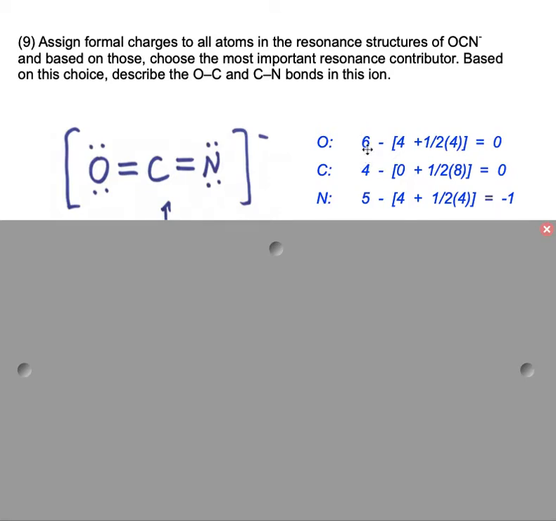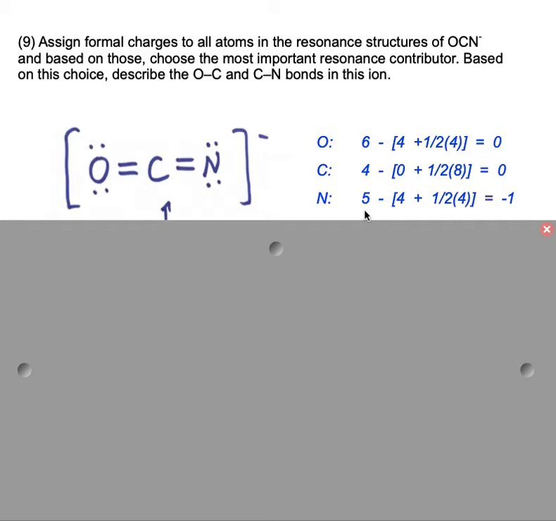Oxygen, 6 valence electrons on the free atom, minus the 4 unshared electrons, plus half of the 4 shared electrons. So 6 minus 6 gives me a formal charge of 0. For carbon, 4 electrons on the free atom, minus 0 unshared electrons, plus half of the 8 shared electrons, gives me a formal charge of 0.